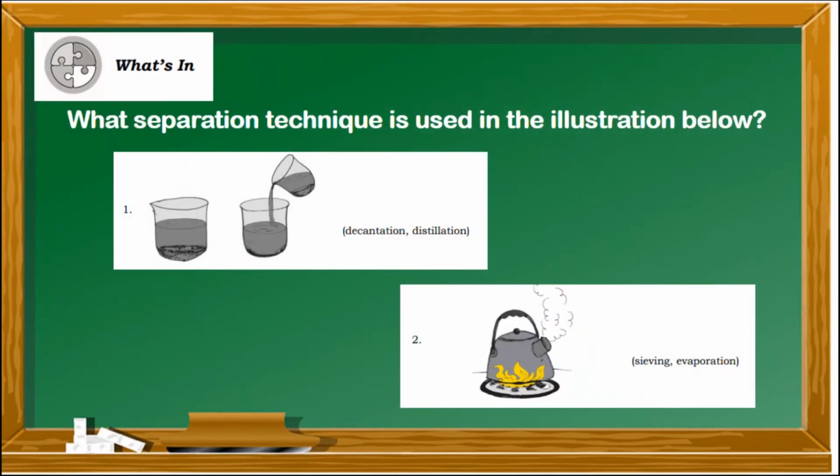Okay, so we are now in What's In. Look at your module, children. What separation technique is used in the illustration below? Number 1. Look, class, this is a review of what we already took up. In the illustration, there is a container and we separate it into another container.